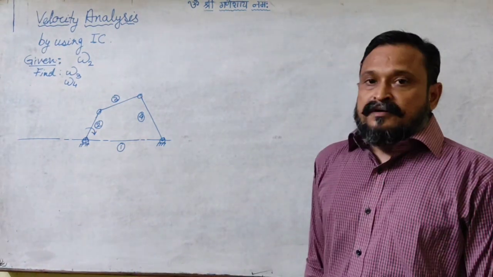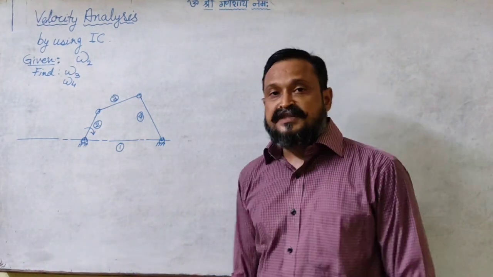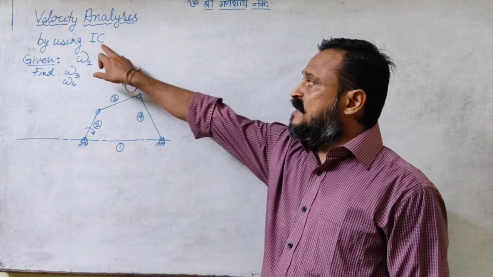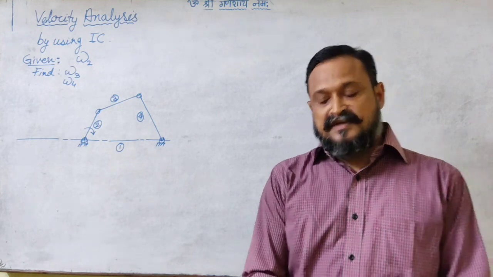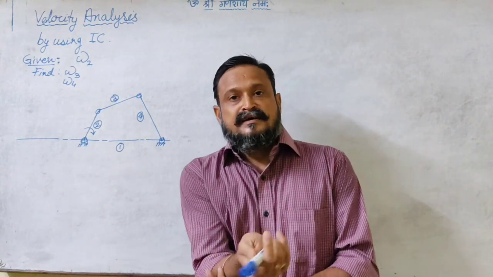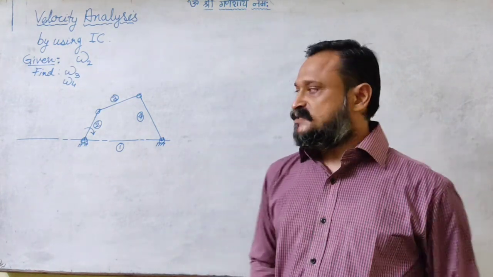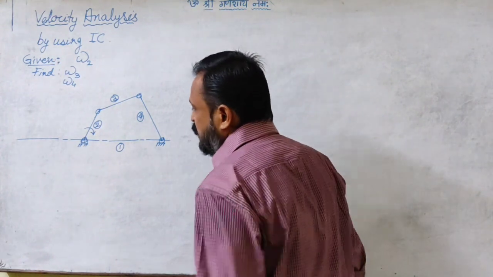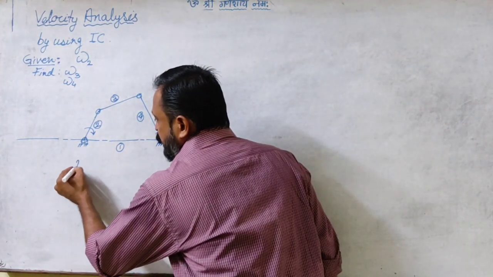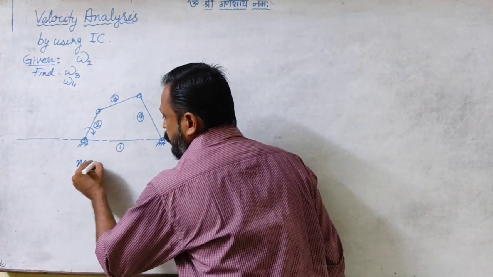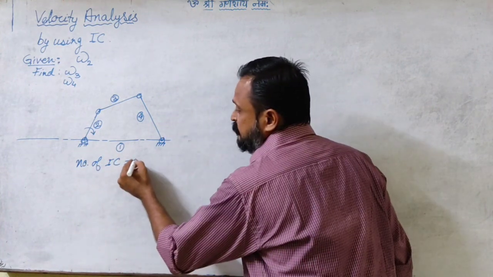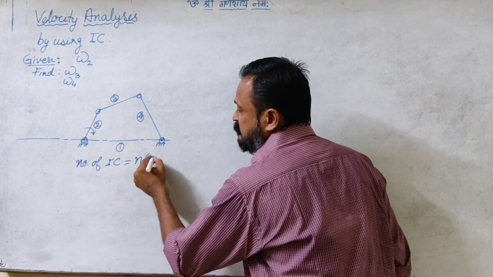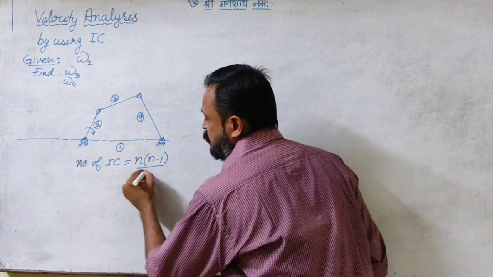Now, first of all, as we are doing the analysis with the help of instantaneous centers, we will have to determine the number of instantaneous centers first. For that, we know that the number of instantaneous centers is given by n into n minus 1 by 2.